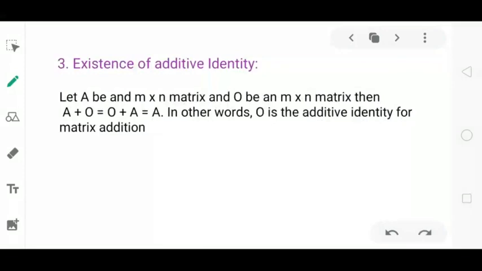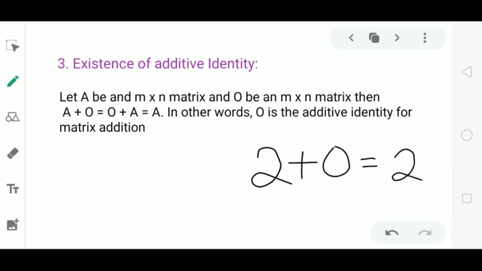Next, existence of additive identity. We know that in the case of addition of numbers, suppose I consider a number 2, then 2 plus 0 gives 2. Similarly, 0 plus 2 gives 2.